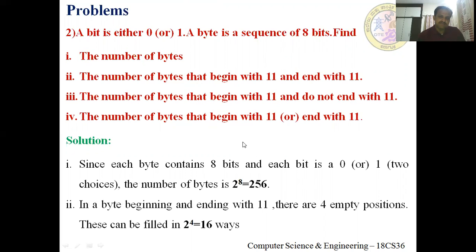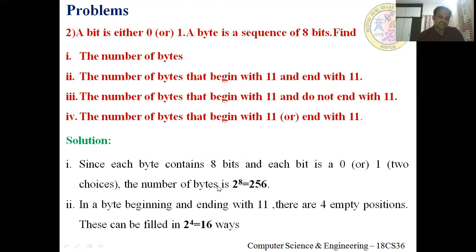See, a bit is a binary digit. It can have either 0 or 1, which is the unit of information in a computer. Computer stores all the information in the form of zeros or ones. Since a byte has 8 bits, we have 8 locations, and in each location I can fill either 0 or 1. That means in each location I have 2 choices.